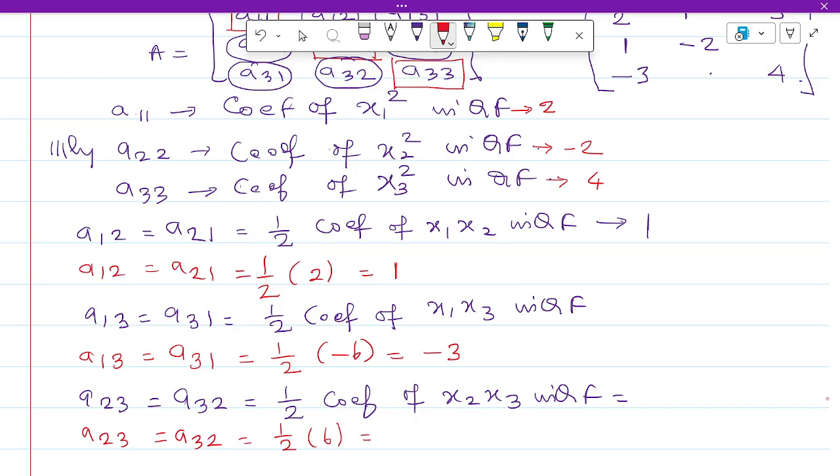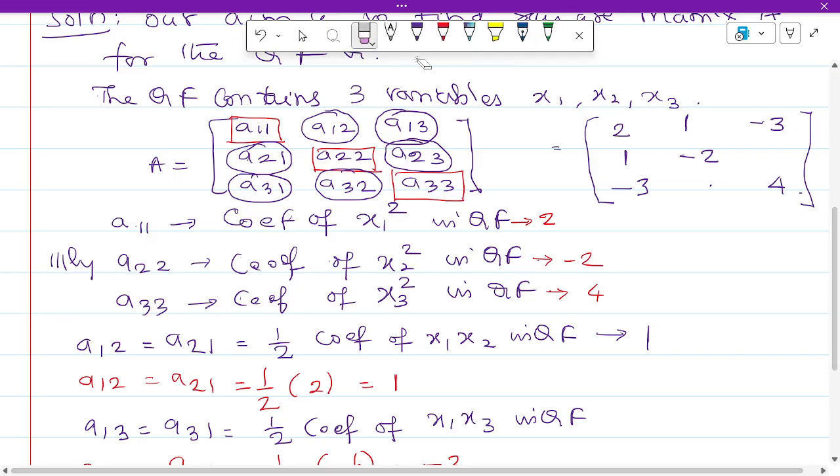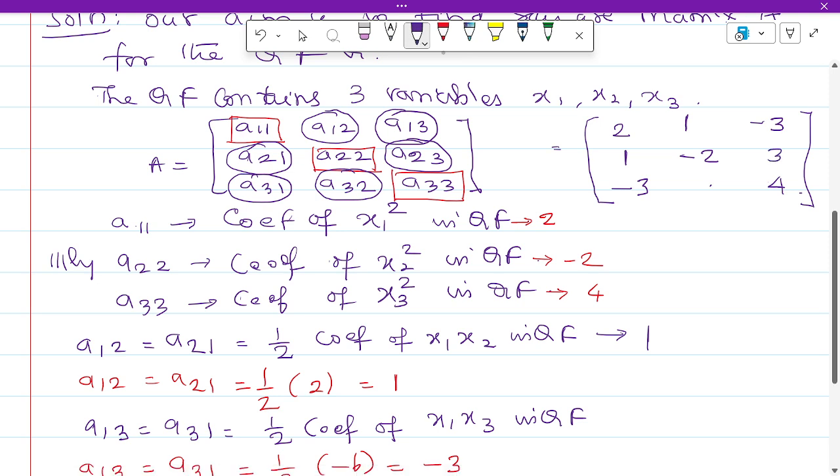So that is equal to 3. So this value will be 3, and so here I'm writing 3 here. Okay.